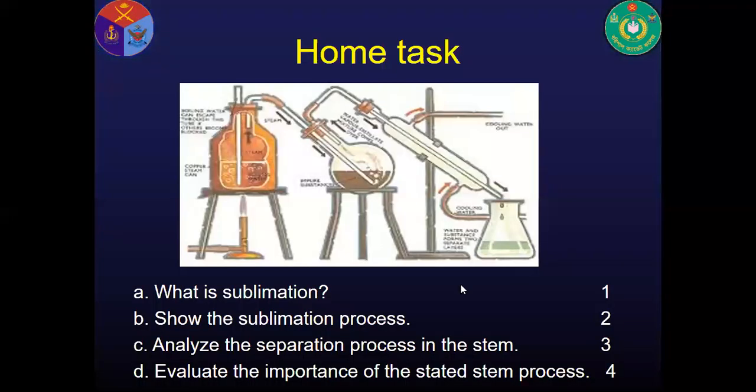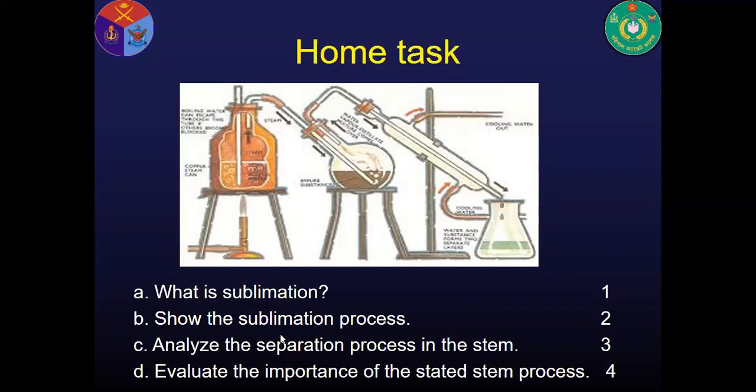Dear cadets, there is a hint for you. What is sublimation? The process in which a solid goes to gaseous by heating, and gaseous transforms to solid by cooling, is called sublimation.